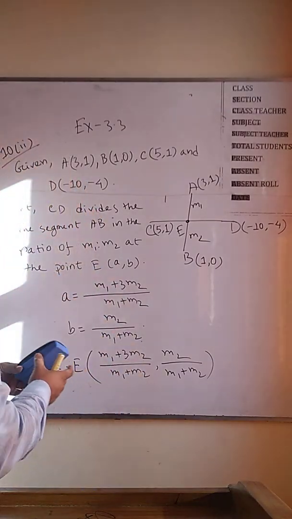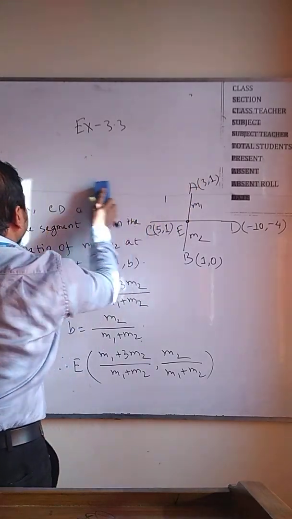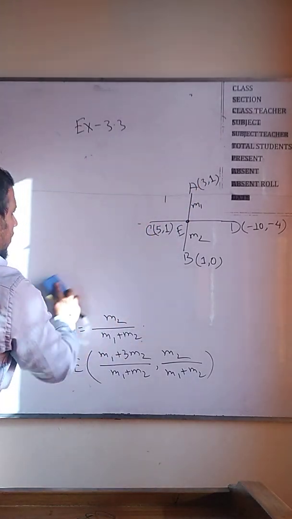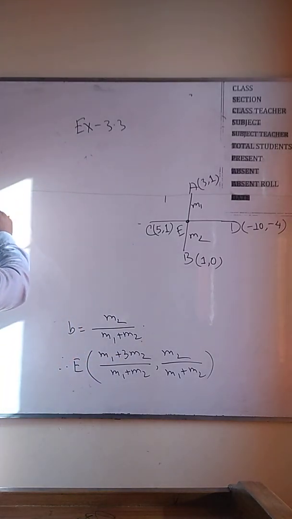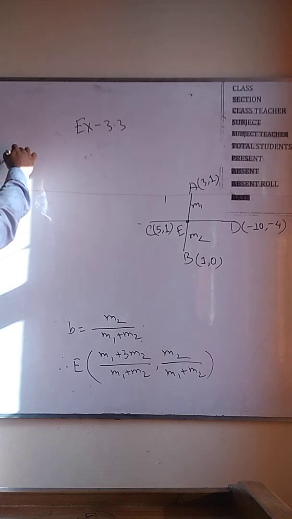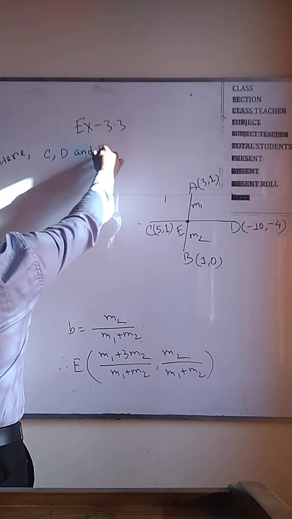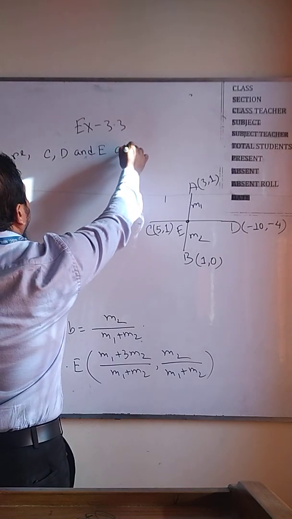Anyway, I am putting the formula. C, D and E are collinear.